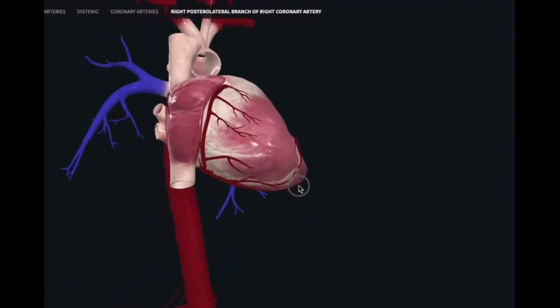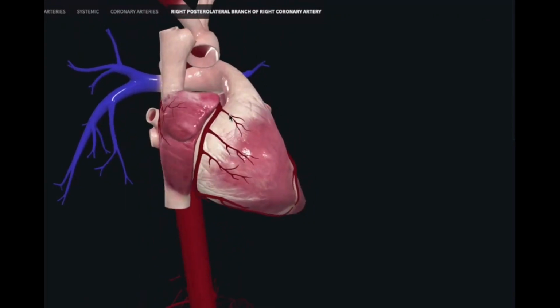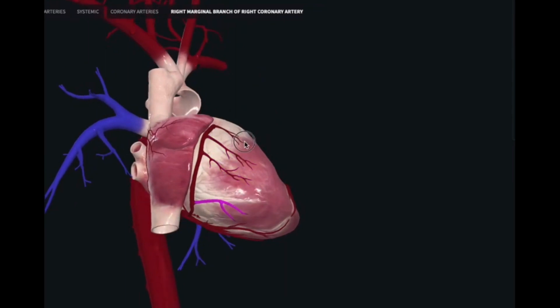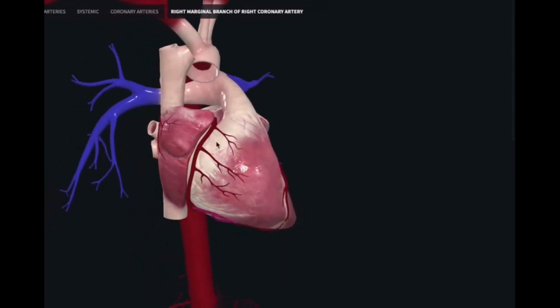So from the right coronary artery, we altogether have 1, 2, 3, 4, 5 branches that you need to be aware of. So right coronary artery, first branch is known as the conus branch of the coronary artery. Then we have the ventricular branches, which supply more or less the very top part of the right ventricle.